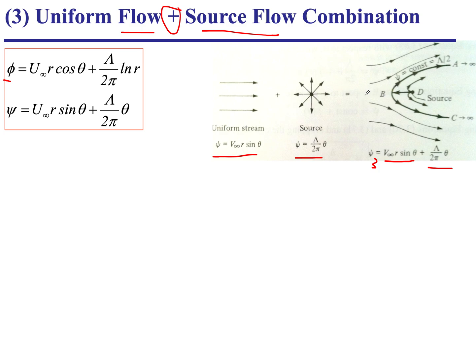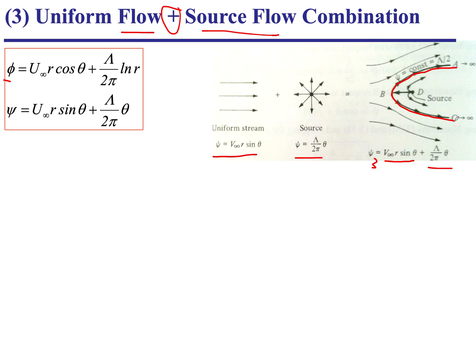One important streamline is called the stagnation streamline, as you will see in a second. To summarize, the stagnation streamline will form a closed or semi-closed body shape, such as you see over here.